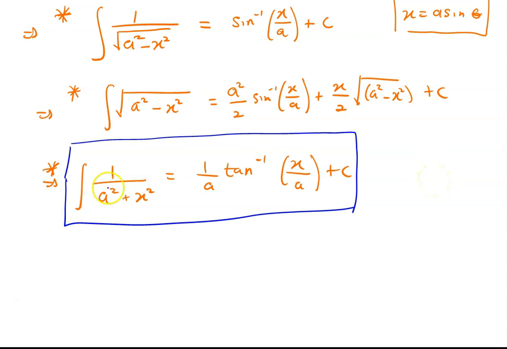So take note that if I have the integration of 1 over a squared plus x squared, then it's going to give me 1 over a tan inverse of x over a plus c, right?